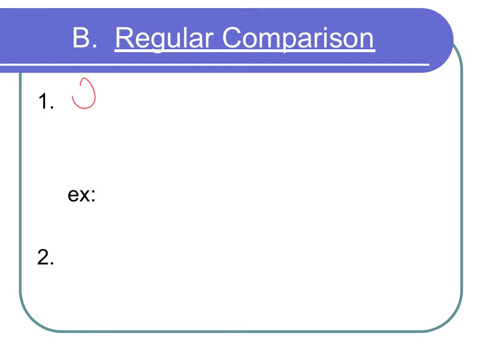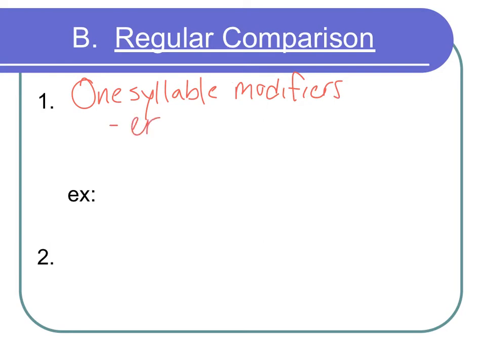So, 1 syllable modifiers. Okay, we could add ER for the comparative and EST for the superlative.